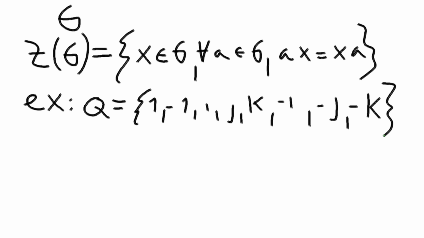So when we're talking about the center of a group, once again, it is the elements from the group that will be commutative with all other elements. And from the multiplication table of the quaternion group, which I won't show now, it is evident that many elements don't commute. i times k is not the same result as k times i, for example, or j times k is not the same as k times j.